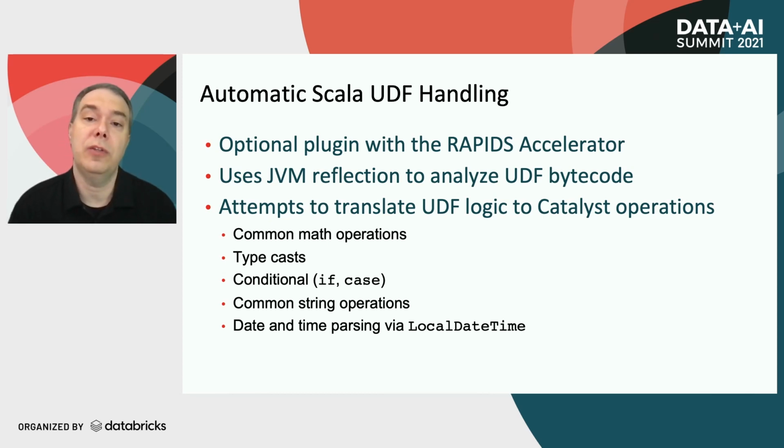So if we can take a user-defined function and effectively explode it out into an equivalent Catalyst expression tree, and then feed that back into the original Catalyst tree and replace the UDF with it, then that allows us to translate the UDF automatically. It uses bytecode analysis of the UDF to figure out what it's doing and attempts to translate it into Catalyst logic. Right now it supports common math operations, typecasts, conditionals, common string operations, and date and time parsing.